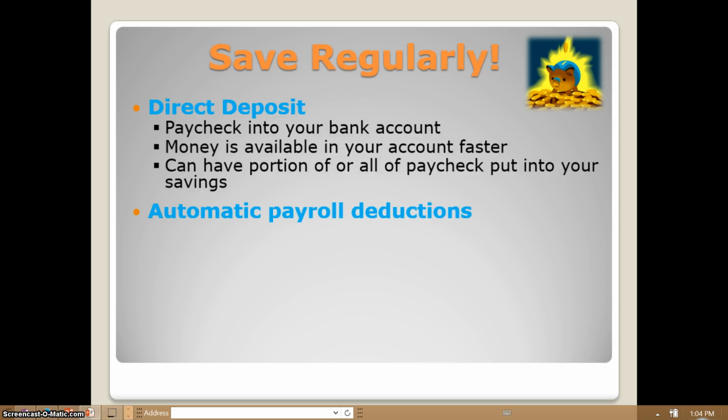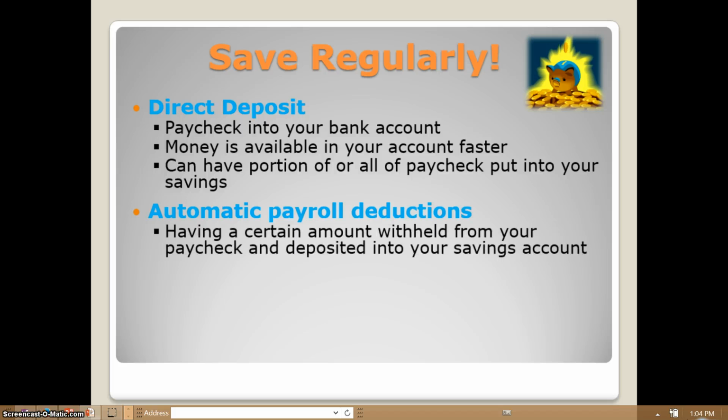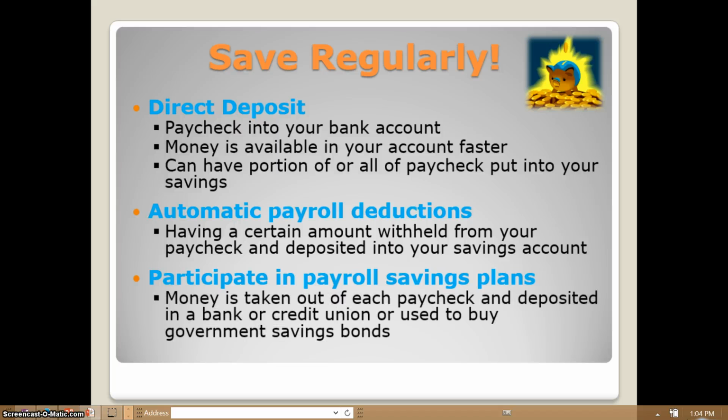You could do automatic payroll deductions, in which the employer automatically deducts a certain amount of money from your paycheck and puts it into a savings account. You could participate in a payroll savings plan, in which money is taken out of each paycheck and deposited in a bank or credit union, or used by your employer to buy government savings bonds. So there's a variety of ways in which you can start saving regularly.